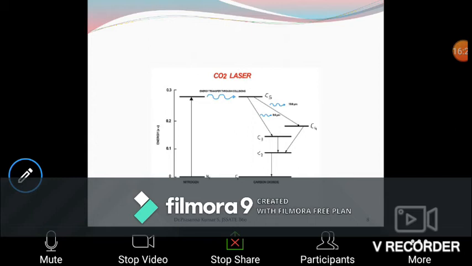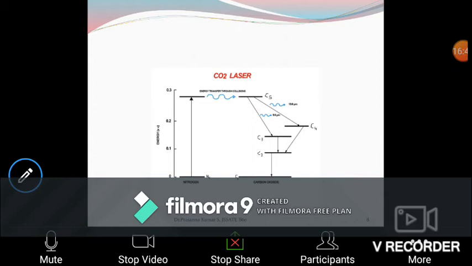You know that to get a laser, the system should have a metastable state. A metastable state has a lifetime of around 10 to the power minus 3 seconds, milliseconds, while an ordinary excited state has a lifetime of a few nanoseconds.